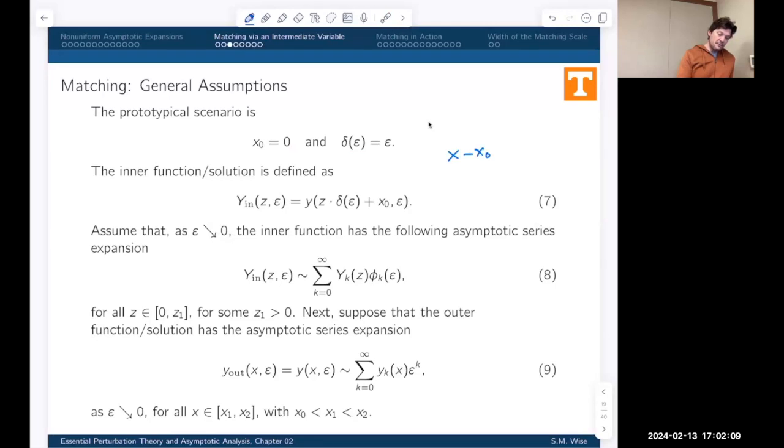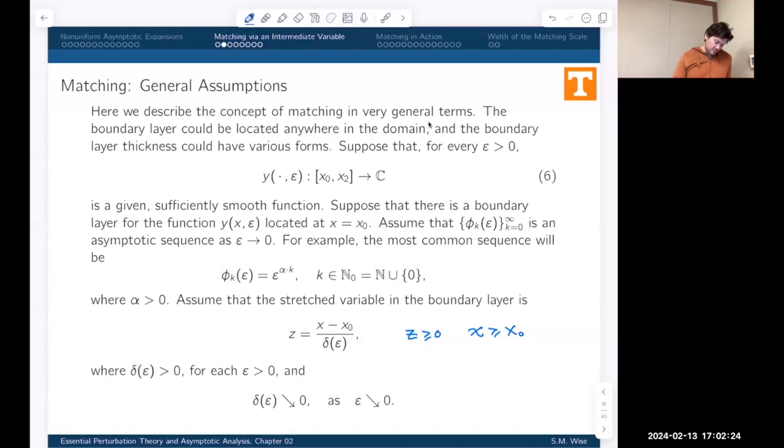We have x naught over delta equals z. So if we solve for x, we get x is equal to delta z plus x naught. Remember, keeping in mind that delta is positive. Delta is a positive function, and z is a positive coordinate.